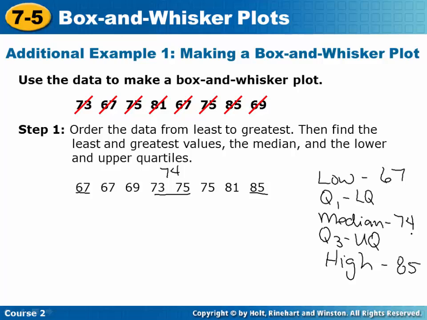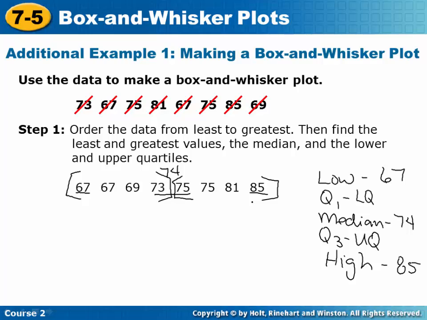Now, in order to find Q1 and Q3, what we have to do is take this median where it was, and it divides our data up into 2 equal parts. So we've got a lower half of data and an upper half of data. Now, if it's an even set of data like this, the 74 splits it, and I have to use all the data points. But if this were an odd set of data, that number would be part of it, so we would not include that in the lower half or the upper half.